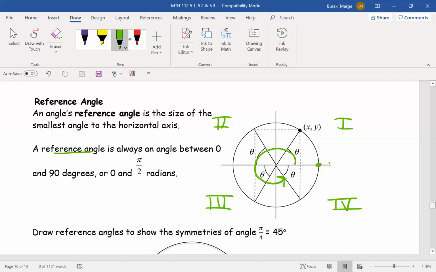Then the reference angle is how much more I have to go to get up to the axis. So these reference angles in quadrant 1, quadrant 2, and the others are all the same measure. That's why they're reference angles. They're all less than 90 degrees or less than pi over 2 radians. So let's see how this helps us.